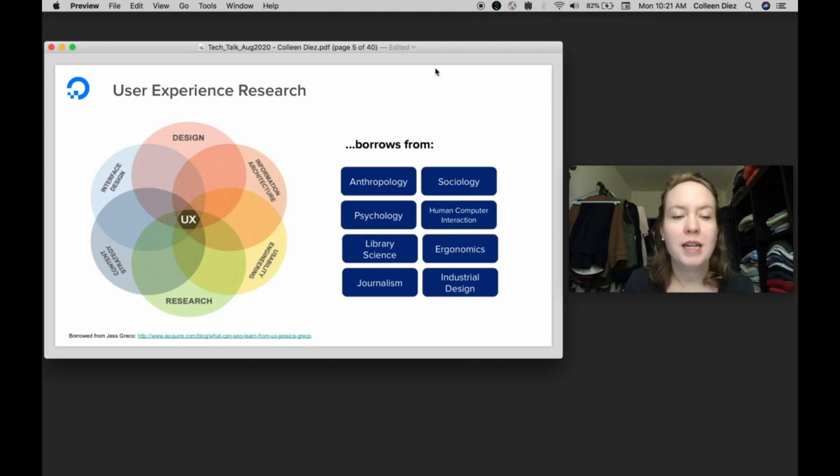If we take a look at research as a whole, you see there's a lot of overlap with a lot of other areas related to UX, design, usability engineering, information architecture, content strategy, etc. In user research, a lot of our techniques borrow from other fields such as anthropology, psychology, library science, journalism. There's a huge list, and we're always developing new techniques and borrowing from these other disciplines.